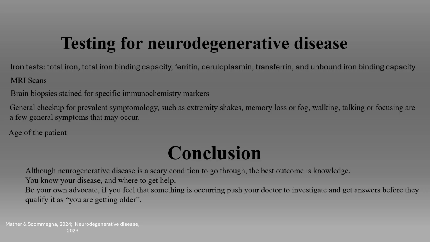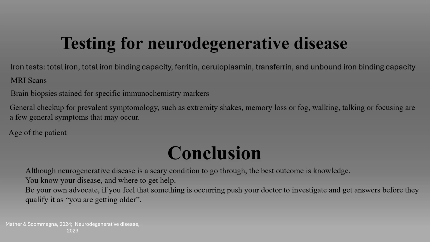Also, the first line of defense should be your general checkups, and it will look at the prevalent symptomology such as extreme shakes, memory loss or fog, trouble walking, talking, or focusing, and other general symptoms such as that. And then, of course, finally, the age of the patient.